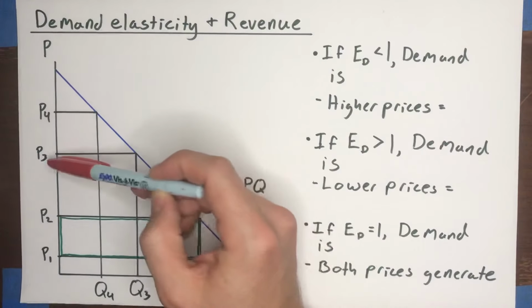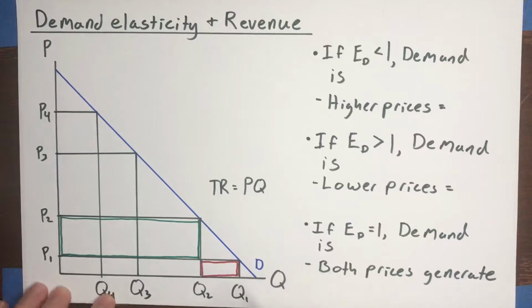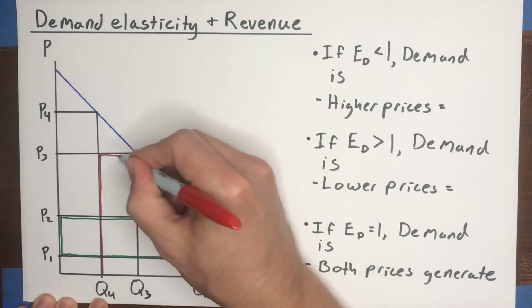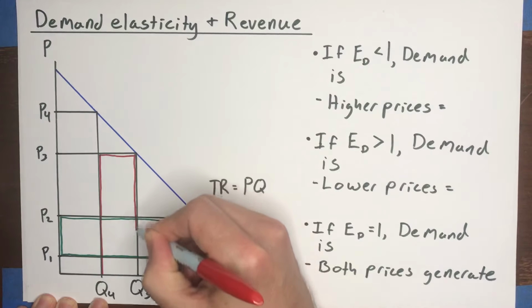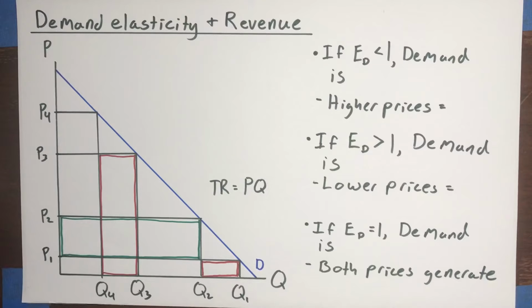Now between prices P3 and P4, between these two points on the demand curve, once again we can look at total revenue lost and total revenue gained. The total revenue lost is the units that I'm no longer selling when I shift from Q3 to Q4. So it's going to be this area right here. And I can also look at the revenue gained.